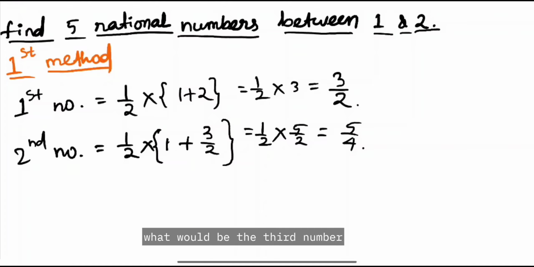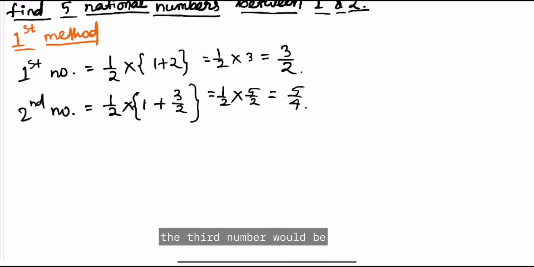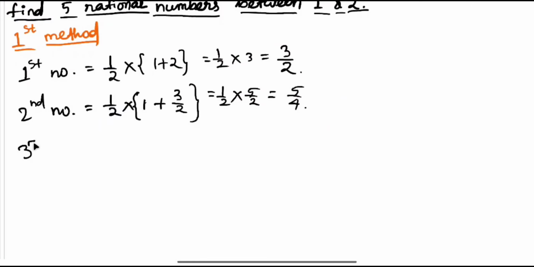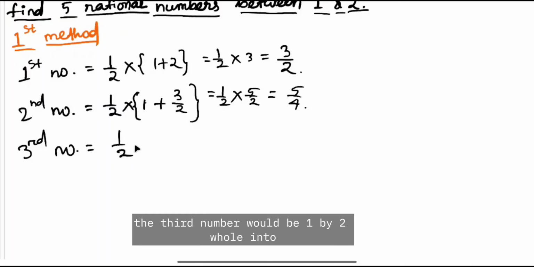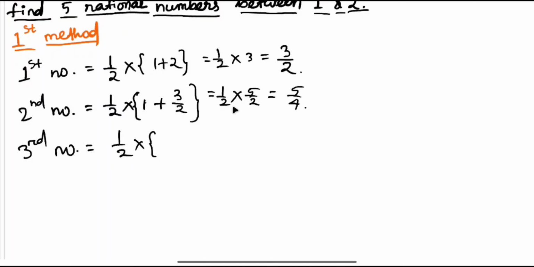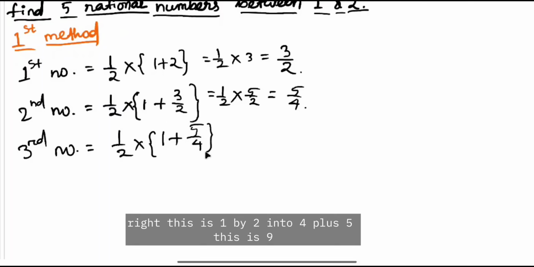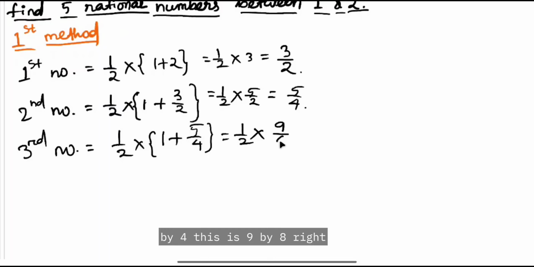What would be the third number? The third number would be 1 by 2 whole into, you keep that 1 plus 5 by 4. This is 1 by 2 into 4 plus 5, this is 9 by 4, this is 9 by 8.